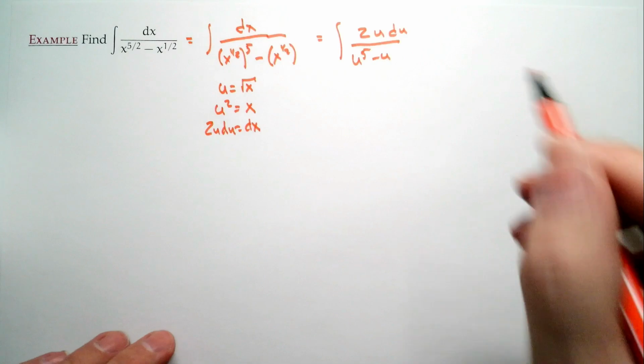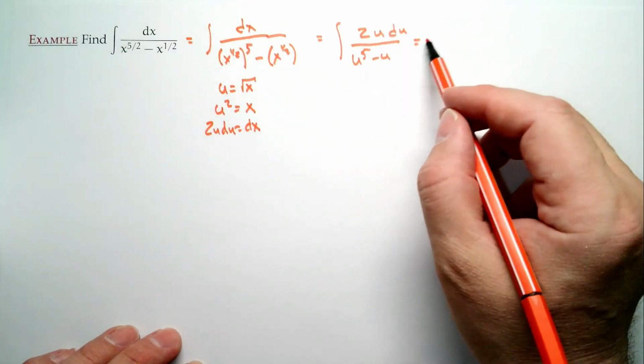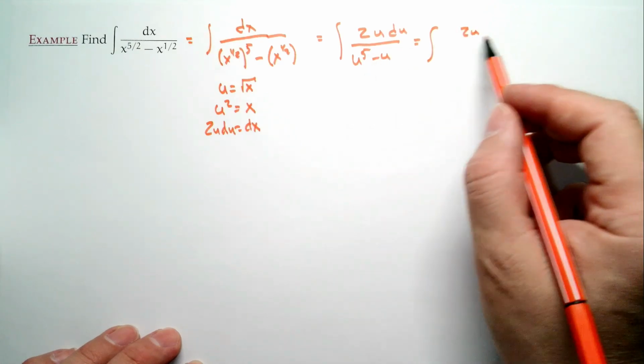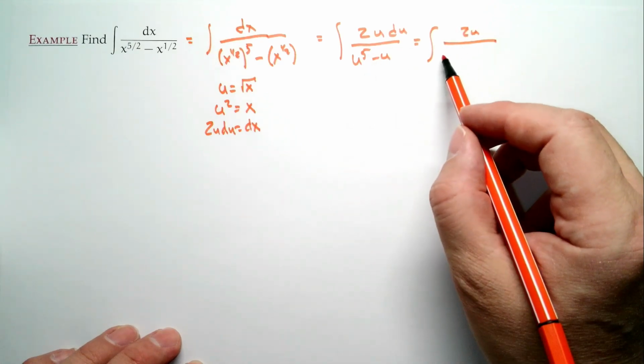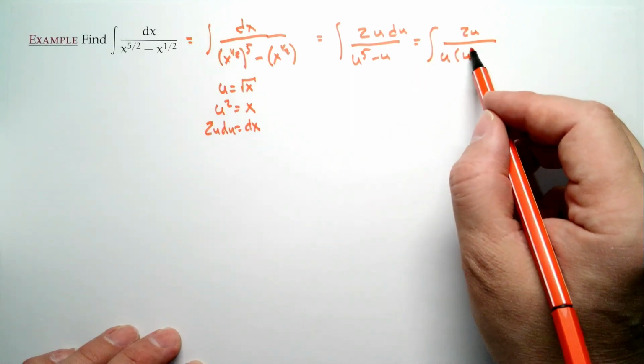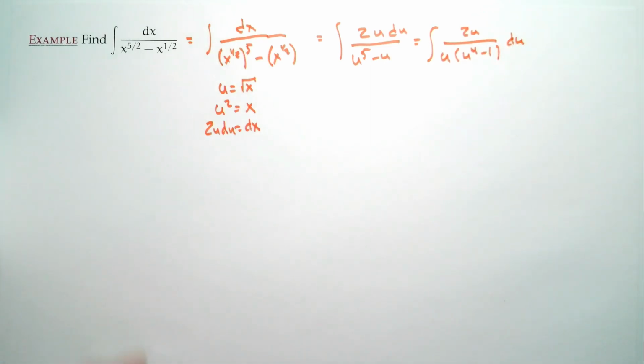Well, let's see. Certainly the power upstairs is less than the power downstairs, so no need for long division here. Can we factor u to the 5th minus u? Okay, so you could pull out u, and then you get u to the 4th minus 1. All right. Can we go farther? Do we have to go farther?